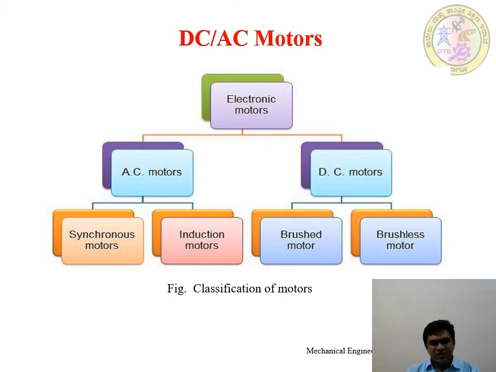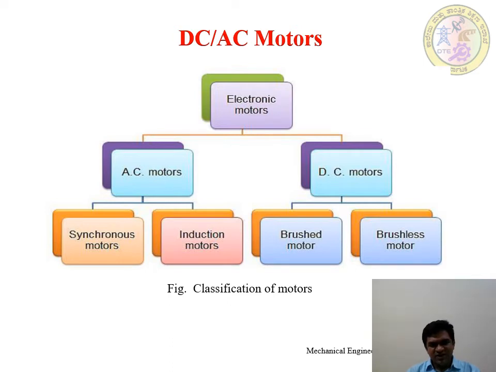So we will try to understand what these AC and DC motors are. Alternating current and direct current are the inputs for the motors. Basically these motors consist of the stator, rotor, armature, and the shaft as the basic components.